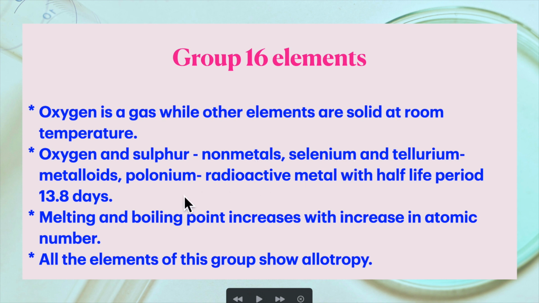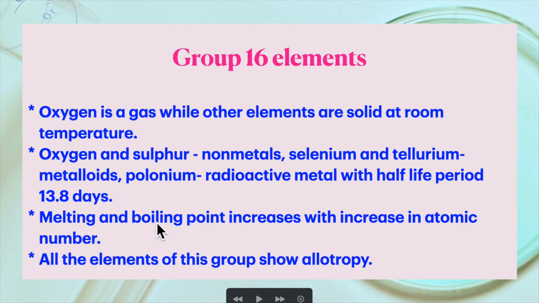Oxygen and sulfur are non-metals. Selenium and tellurium are metalloids, and polonium is a radioactive metal with half-life period 13.8 days. Melting and boiling point increase with increase in atomic number.